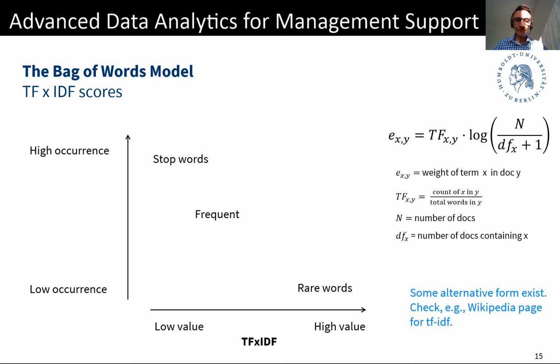And there are some alternative ways to calculate TF-IDF. This is the most popular one, I believe, but I invite you to check out, for example, the Wikipedia page, which is clearly sufficient here for some alternative ways to calculate TF-IDF. And you see the tendencies of these scores, how they are alike. So you can interpret these scores.